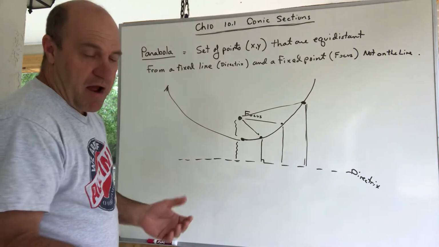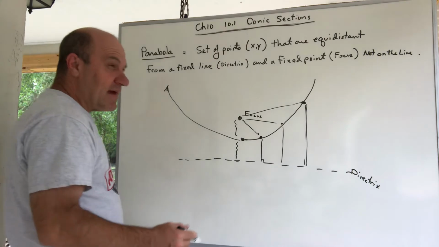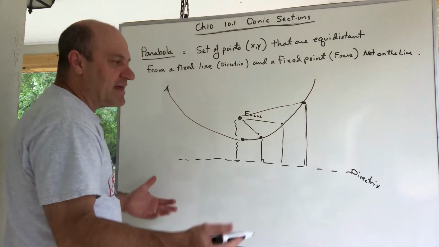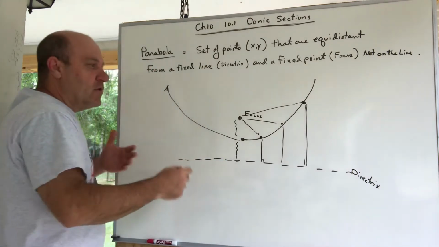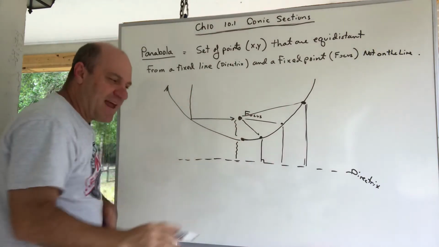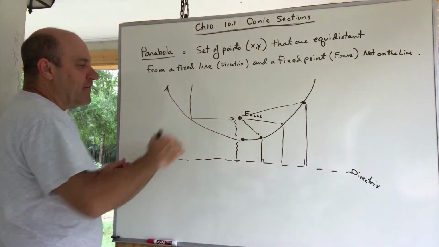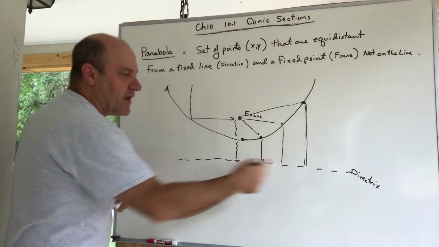Now, let's talk more about one of the things that happens with a parabola: it's got this reflective property in physics. Incoming light rays hit this parabola and they bounce to the focus. Now, wait a minute, not any incoming light rays. Incoming light rays that are perpendicular to the directrix.